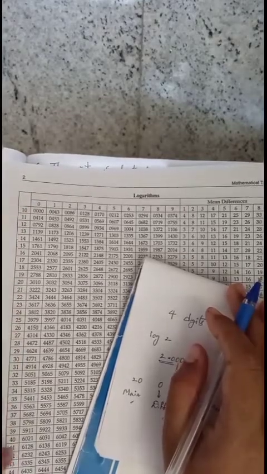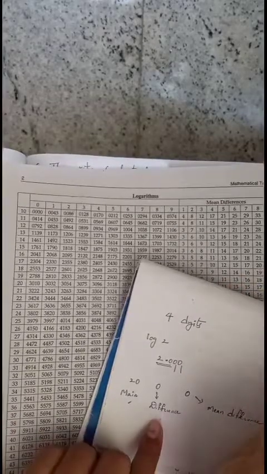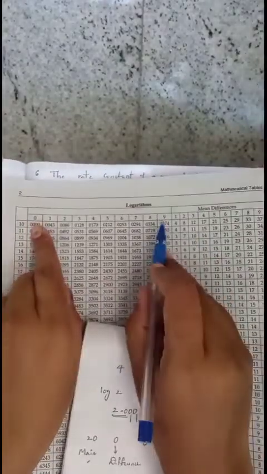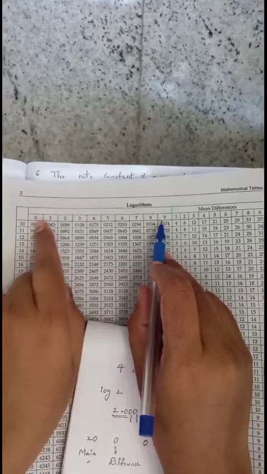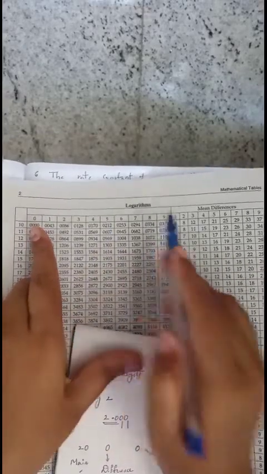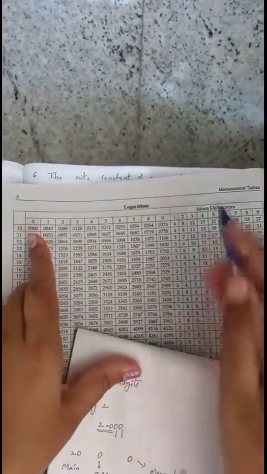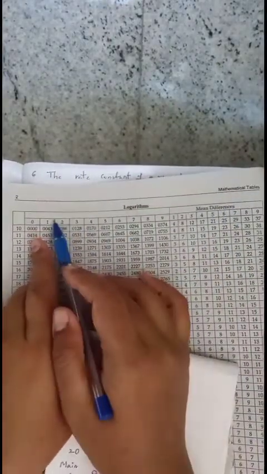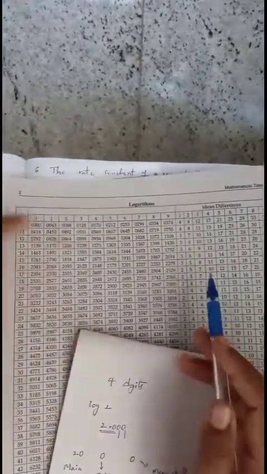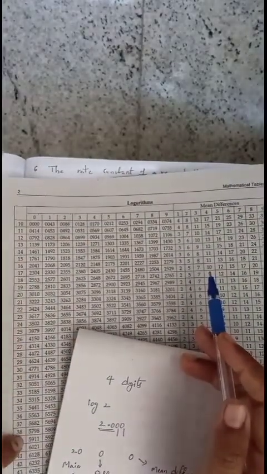Next, the difference values are from 0 to 9. Next, the mean difference is given here itself.